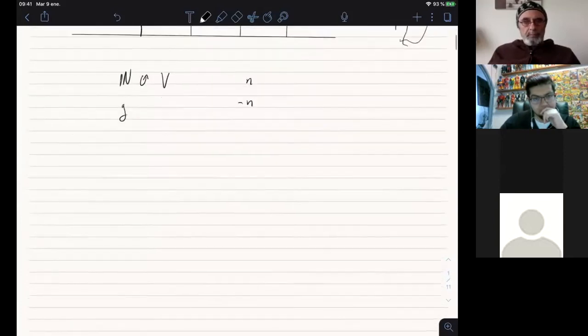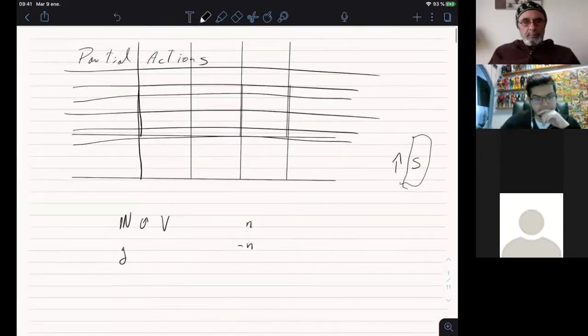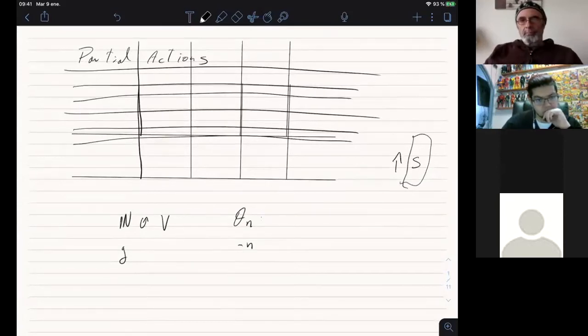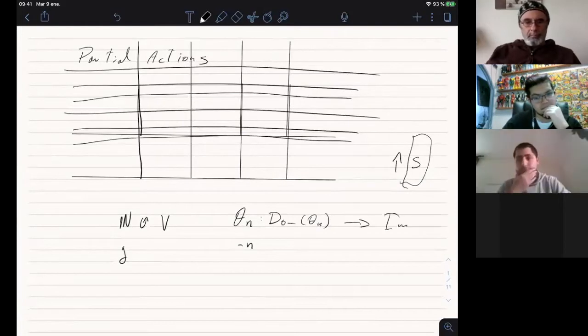We have then this action represented by a function, which is called θ, and this will be defined on some domain D_n, and it will go to the image of this function. The same goes here.